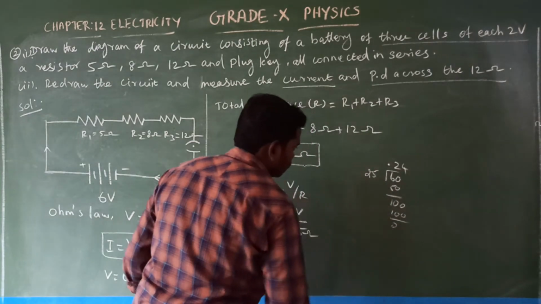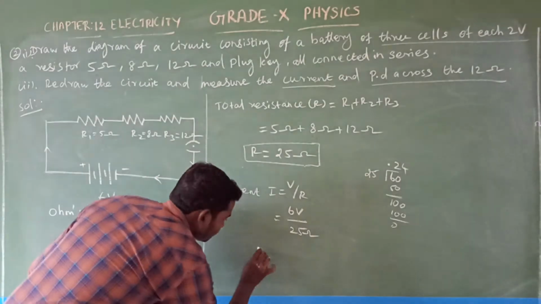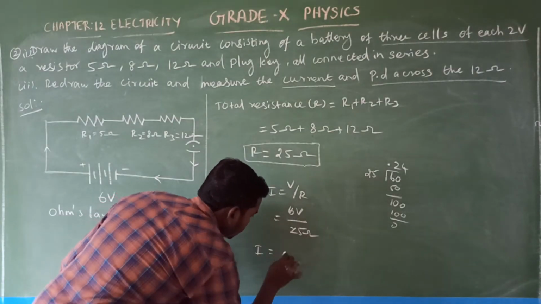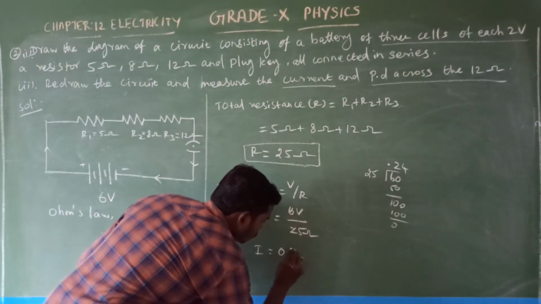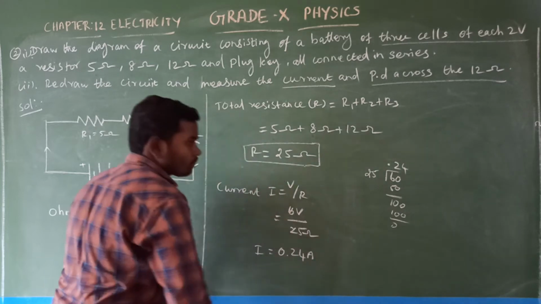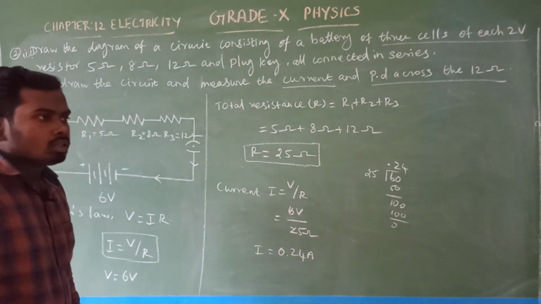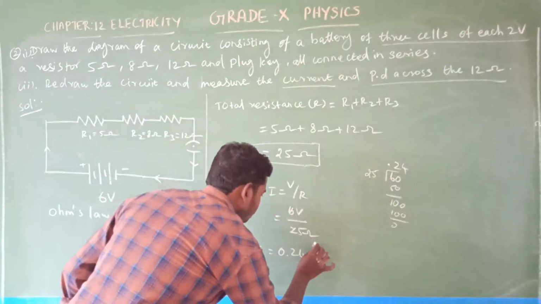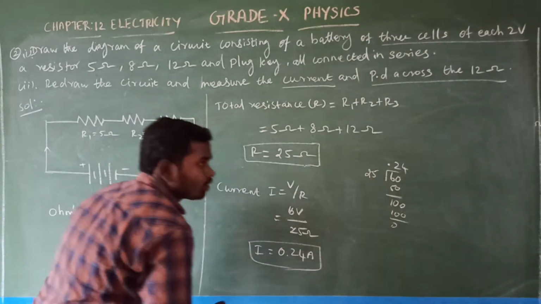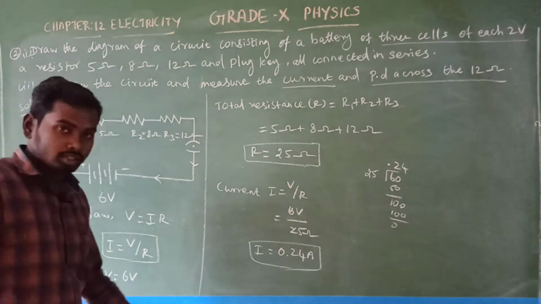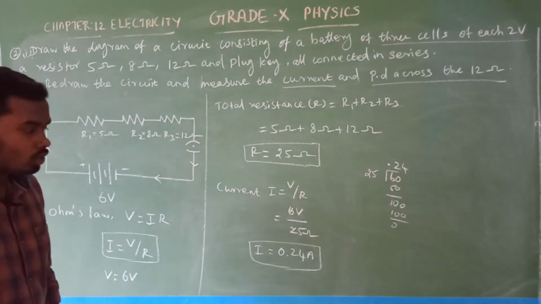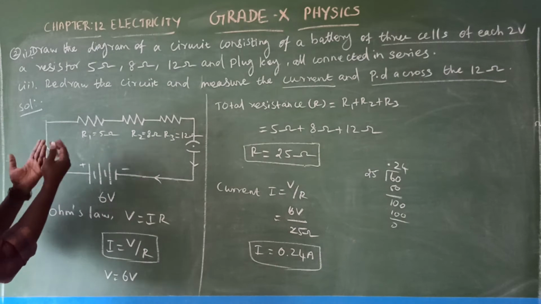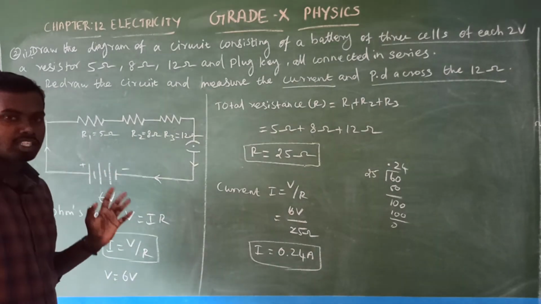So remaining 0. So current is equal to 0.24 ampere.